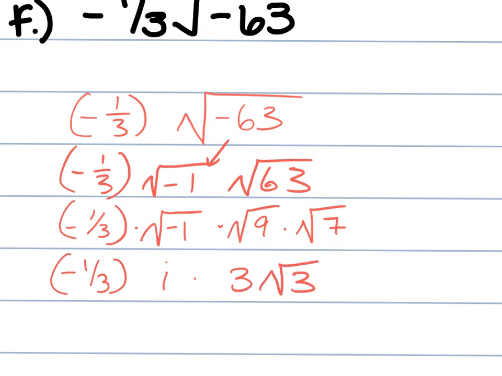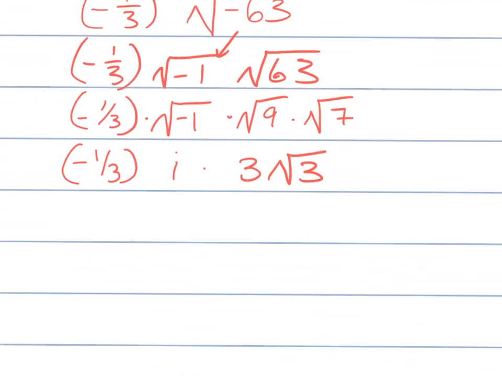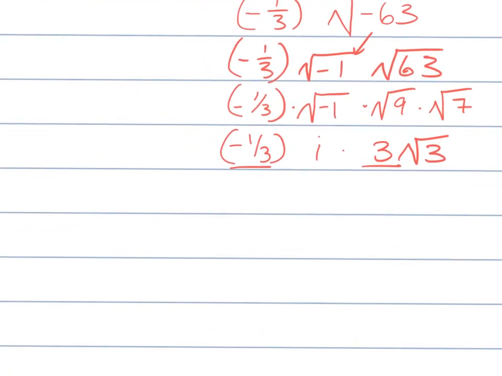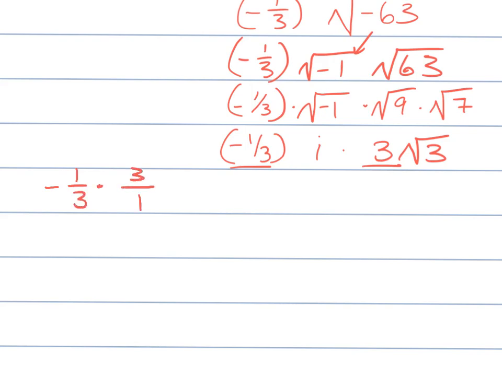Okay. So negative 1/3 times 3. If you're not sure how to do that, just write it out. Negative 1/3 times 3, in which case just becomes negative 1. Square root of 7.